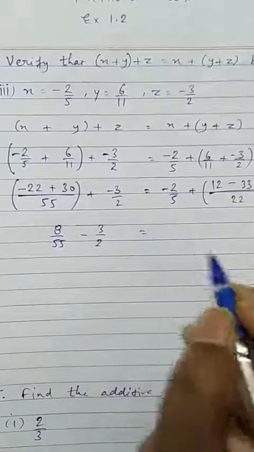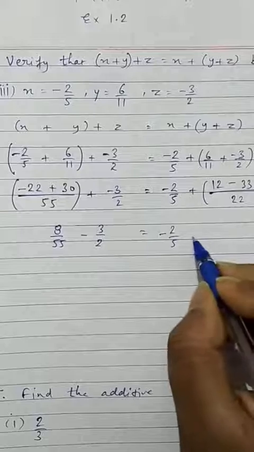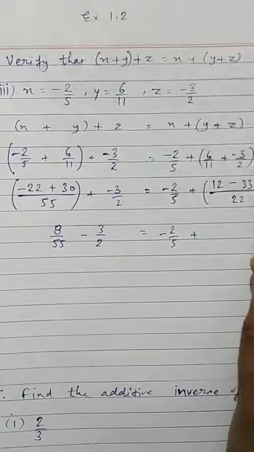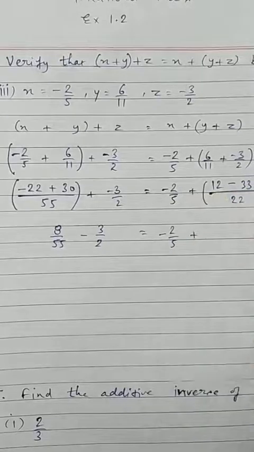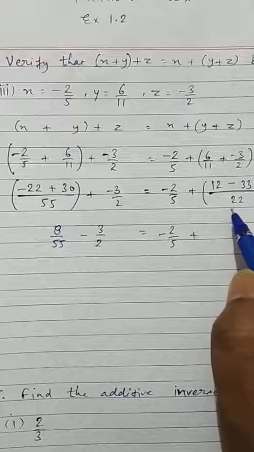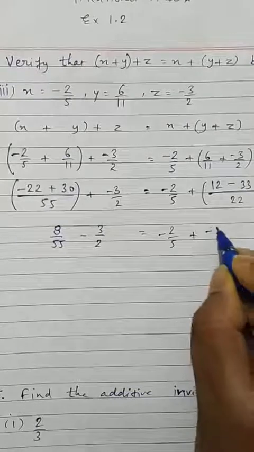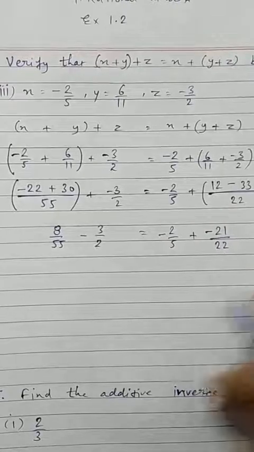Plus into minus is minus. On the other hand side, this is minus 2 upon 5 plus, on subtracting 33 by 12 we get 21 of negative. So we'll write here minus 21 upon 22.